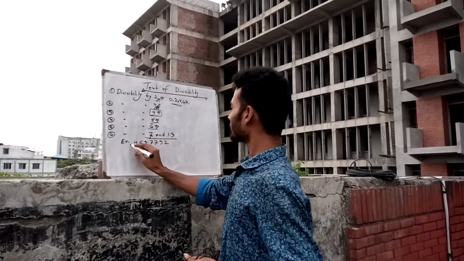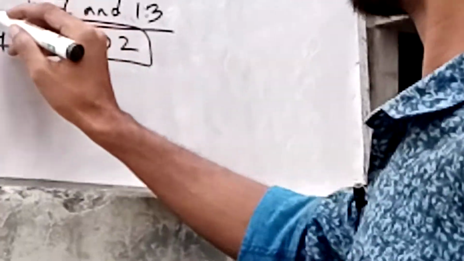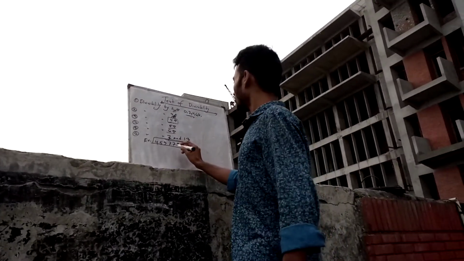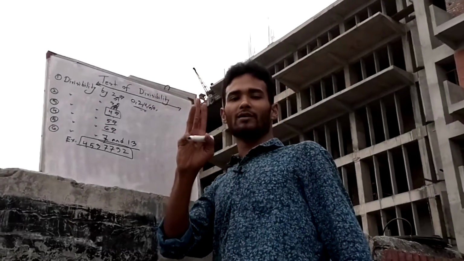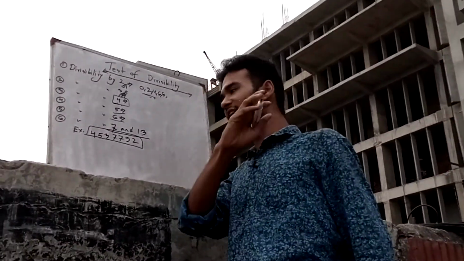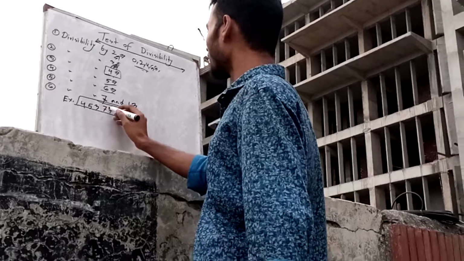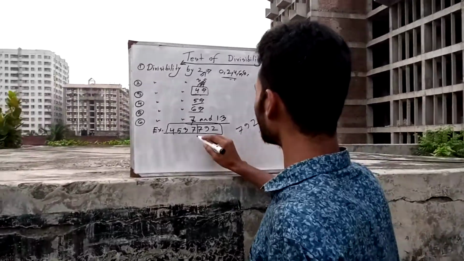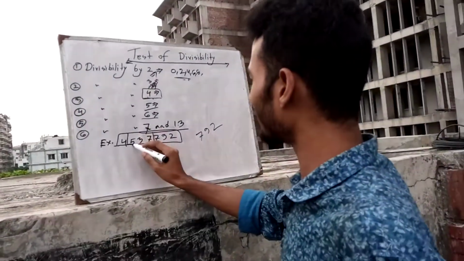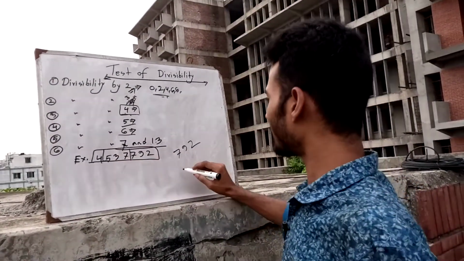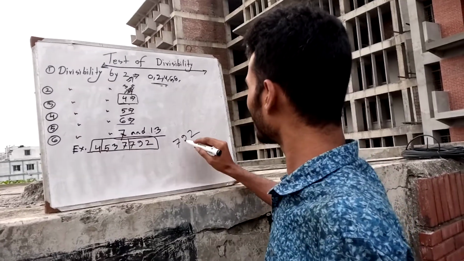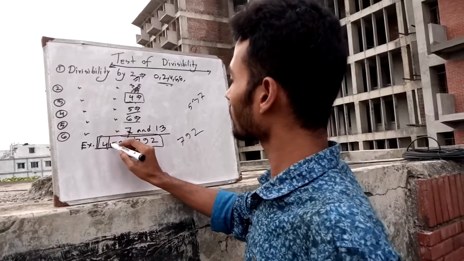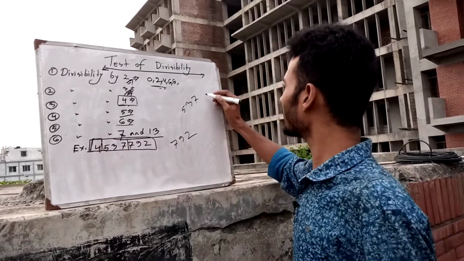To consider whether a number is divisible by 7 and 13, we have to make blocks of 3 digits each. Like in this number, our first block is 792. The second block will be the next 3 digits, 537, and the third block consists of only one digit, which is 4.